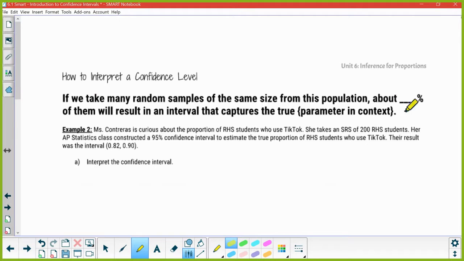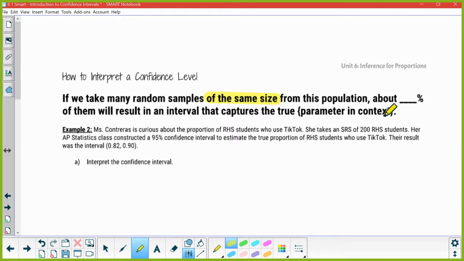So, again, the structure that we are following is what we will follow the entire time. If we take many random samples of the same size from this population, about 95% of them will result in an interval that captures the true parameter in context.